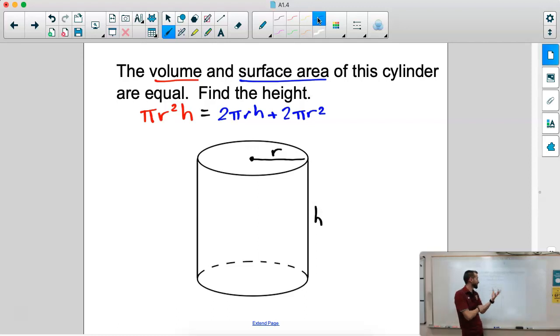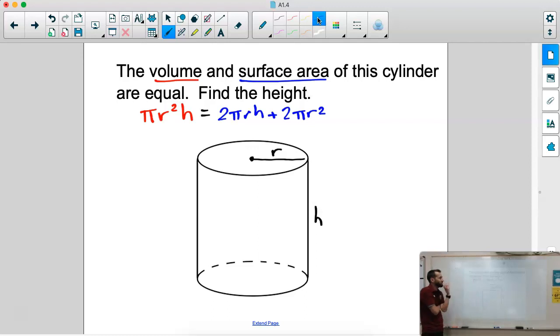Now, a lot of students look at this problem, and I want to start with this because I want you to see, there's no numbers here besides these 2's, right? So they're not asking you to find a number. They don't want h equals 10.